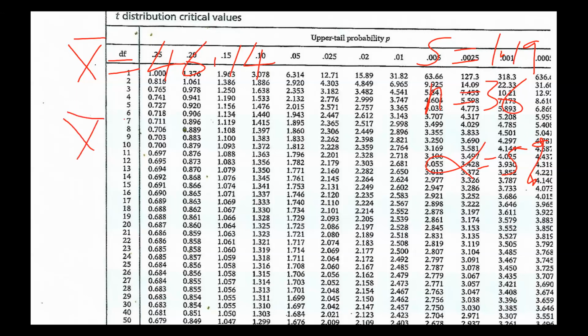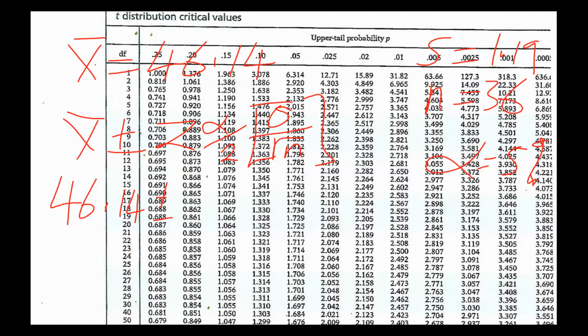So X bar plus or minus Z statistic alpha over 2 multiplied by the standard deviation over the square root of n, like that. The mean is still 46.14 plus or minus. You go to the Z table to find this one.